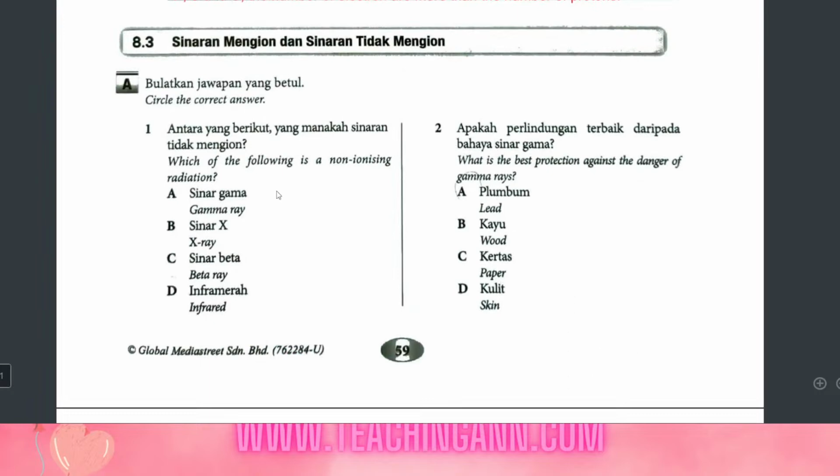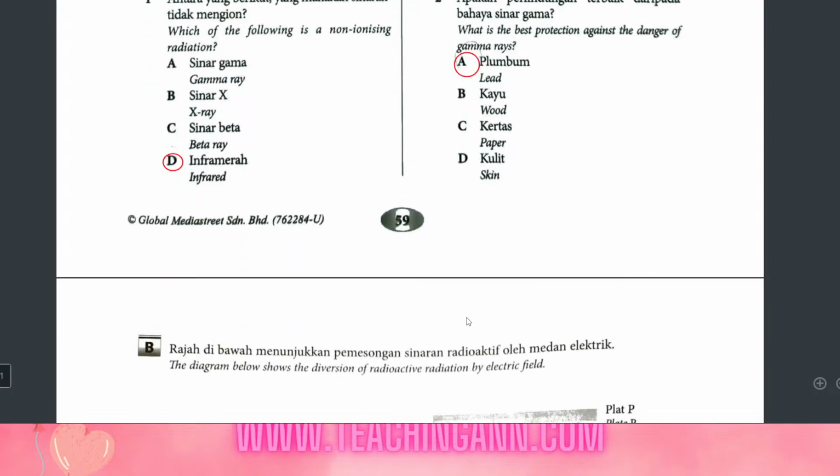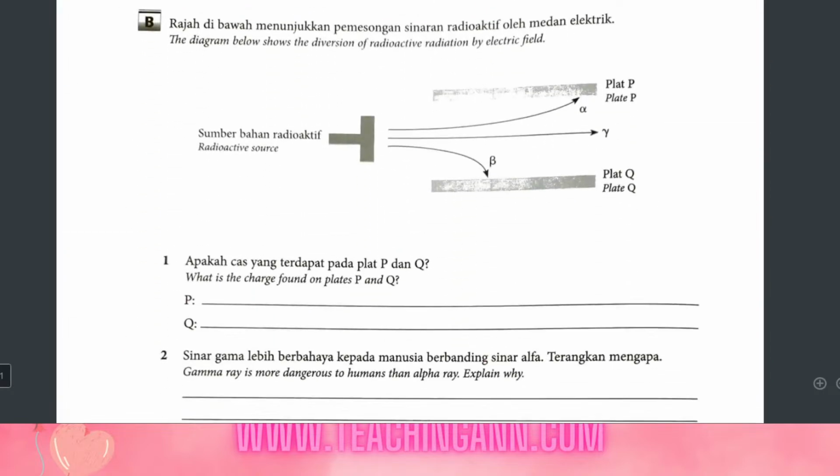Now, objective question. Question number 1, Sui. Which one is not ionizing? Infrared. Yeah, that's right. Number two, Think I. What is the best protection? Using your skin. Okay, now next, Jen.